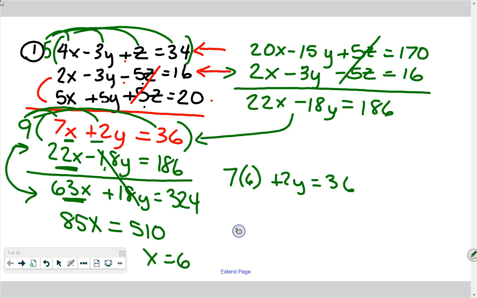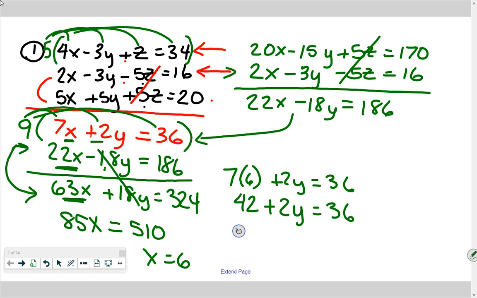Now all I have is a y to solve for. When I go 7 times 6 would give me, did I do that right? Yeah, I did a different one in my notes. 7 times 6 is 42, and then I'd have 2y equals 36.